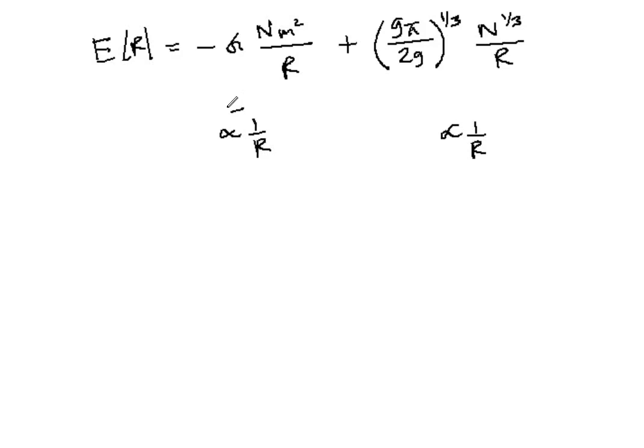But there is a negative sign here and a positive sign here. Also note that this total energy now depends only on the number of fermions in the sphere, N, for a fixed fermion mass m. Now, for large values of N, what will happen? The first term dominates.